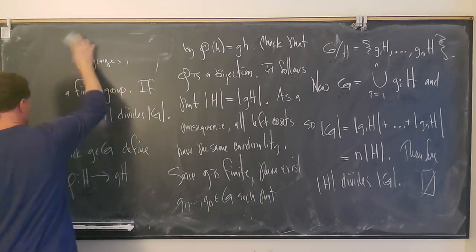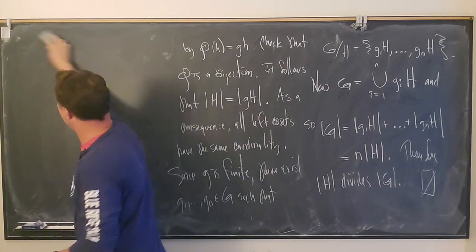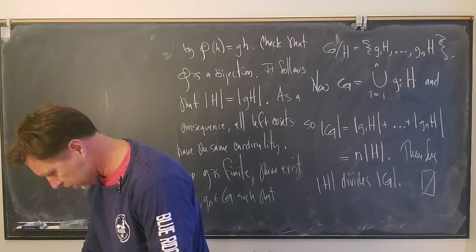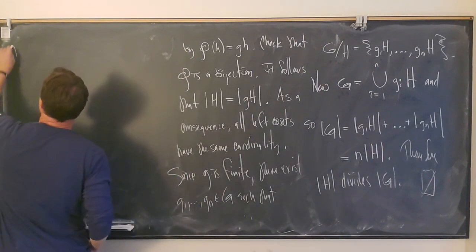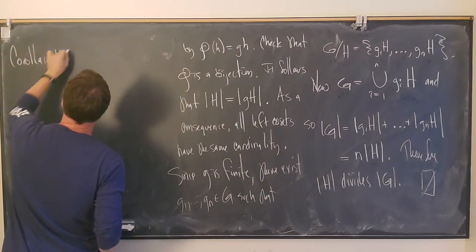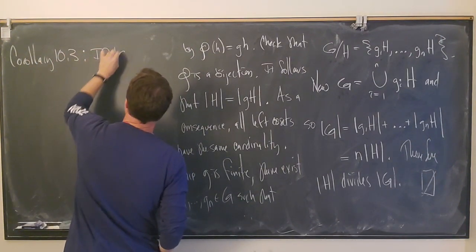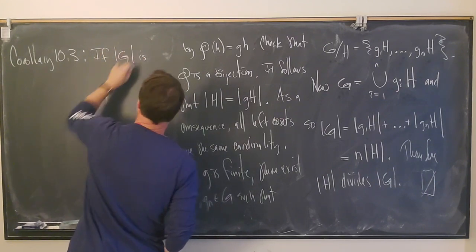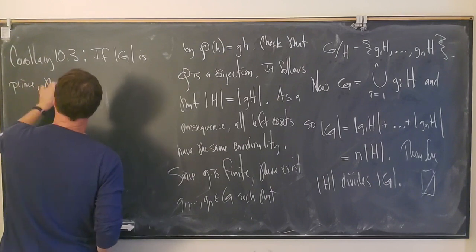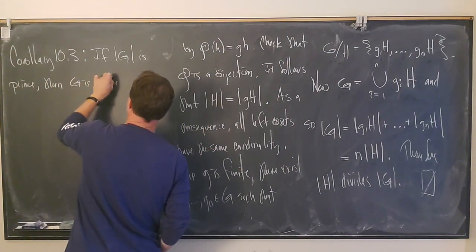And so here's a nice quick consequence. Actually, we've got a couple of consequences. So here's one: Corollary 10.3, if the order of G is prime, then G is cyclic.